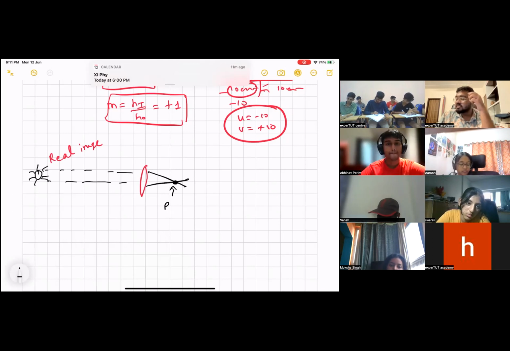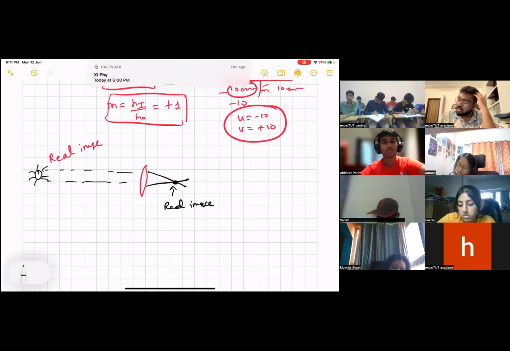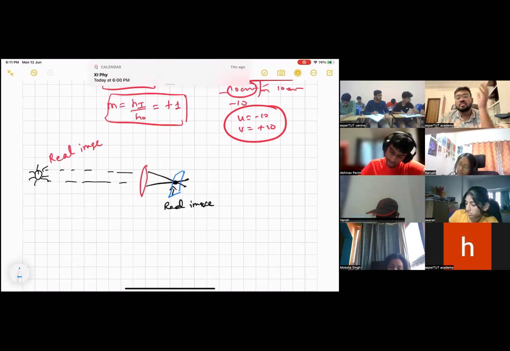This is a real image. If you keep a paper here, it will actually burn. Even if you don't keep the paper, this place is hot. It is not hot because you kept the paper, it is anyway hot.